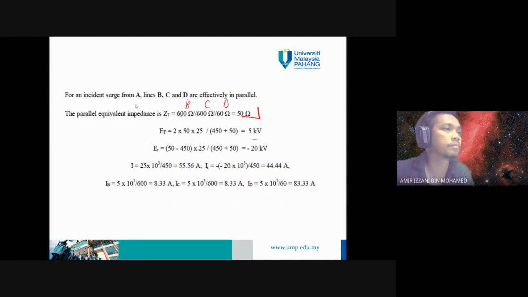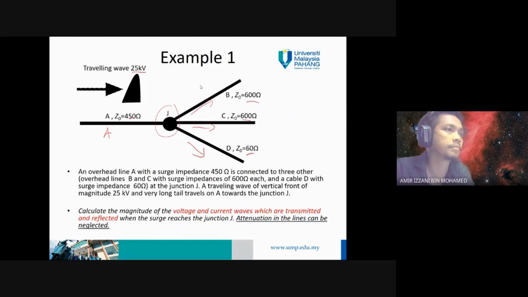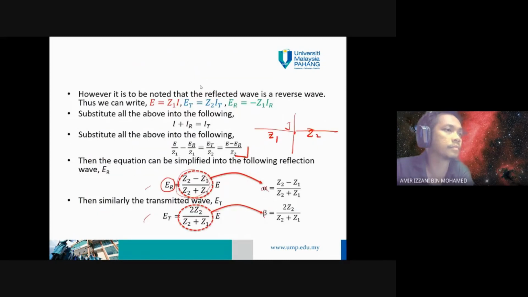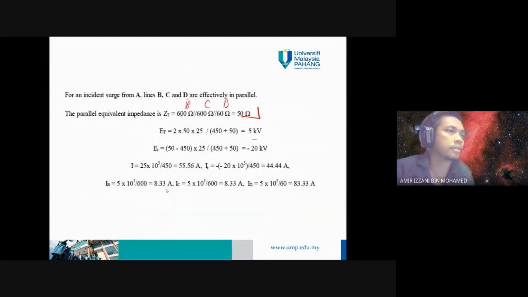Here we use the equation given earlier to determine the reflected and transmitted wave voltage. So the transmitted voltage is 5 kV and the reflected wave voltage is minus 20 kV.